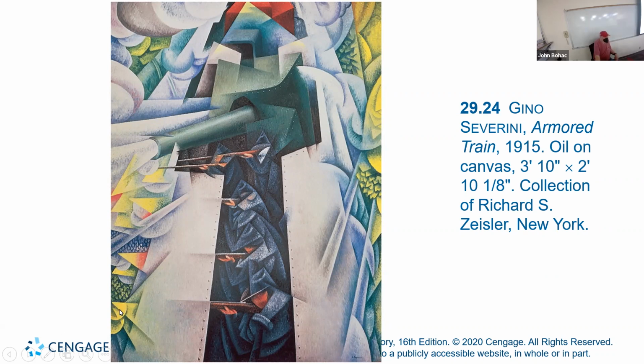You can see the muzzle flash here. And it's all broken up into various planes, just like the Cubists did. You wouldn't think a turret would actually be this shape. And the barrel of this cannon looks to be a little off. But that's not really what it was. It was about this power and movement and dynamism. And in this case, warfare too.